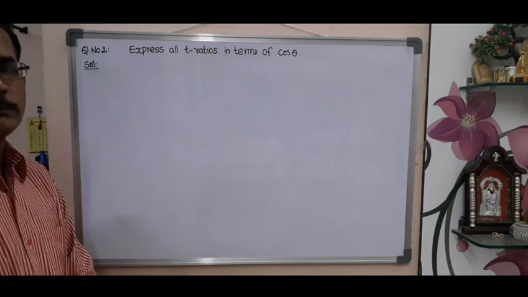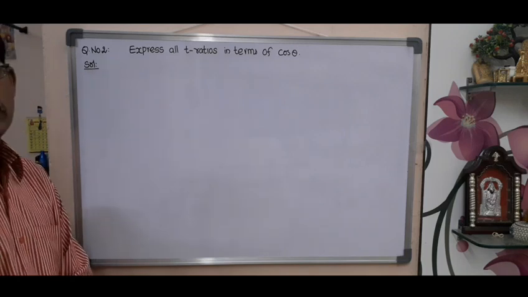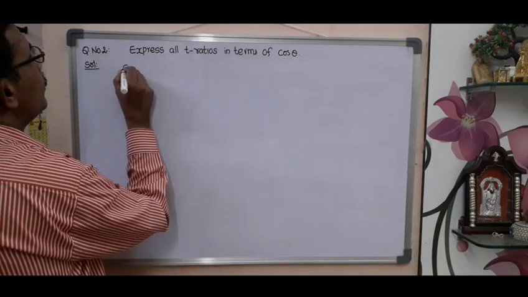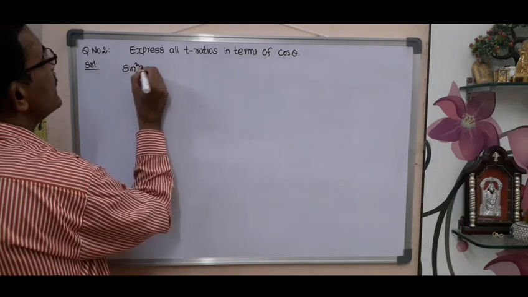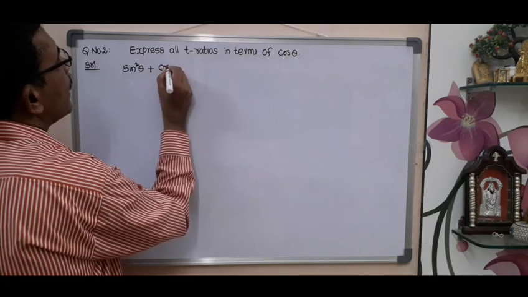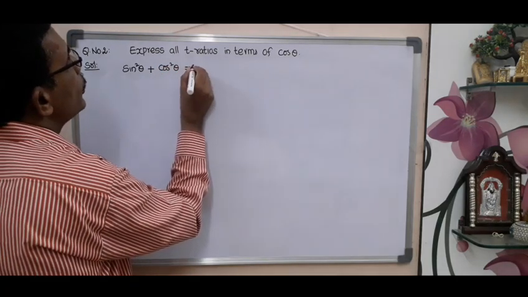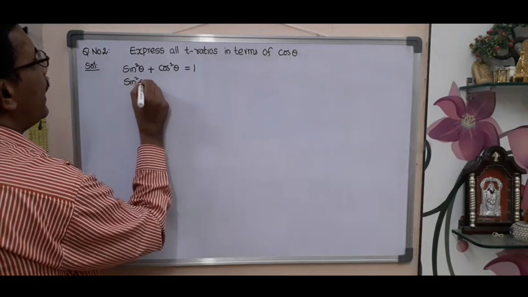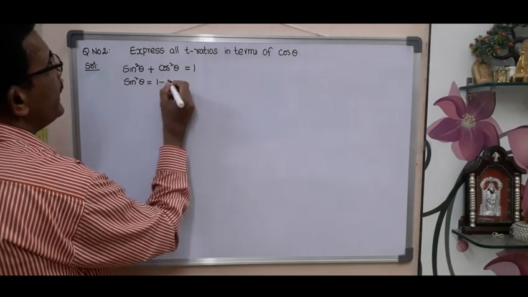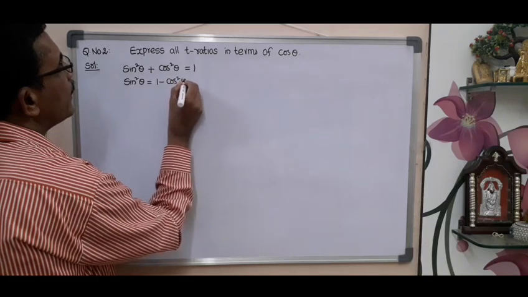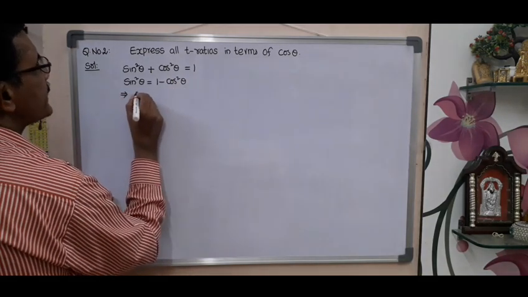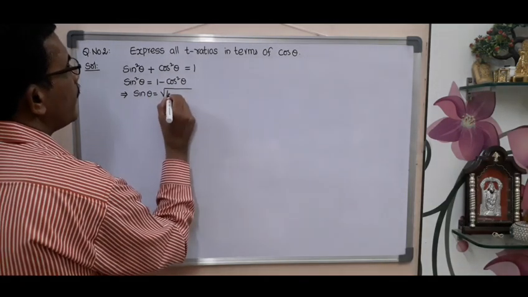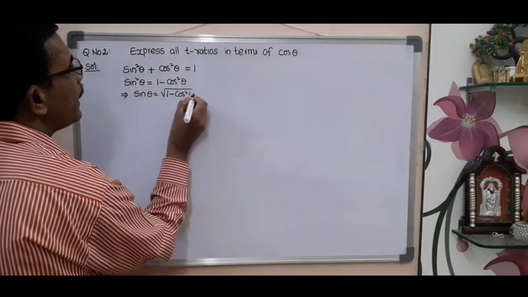Question number 2. Express all t ratios in terms of cos theta. We know the first identity, that is sin square theta plus cos square theta is equal to 1. From this, sin square theta can be written as 1 minus cos square theta, implies sin theta is equal to under root 1 minus cos square theta.